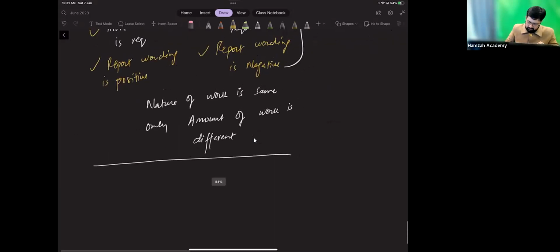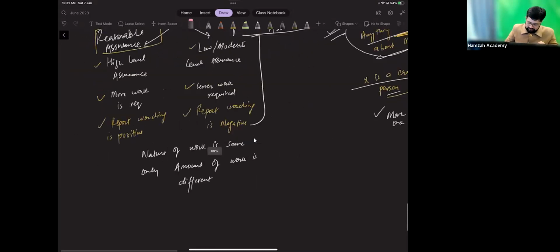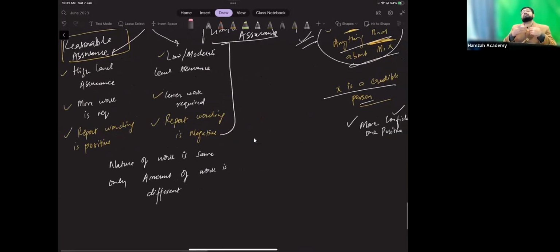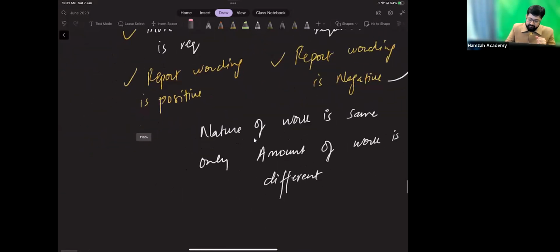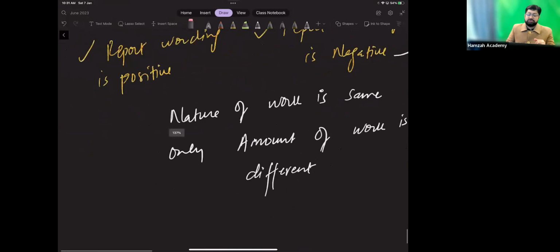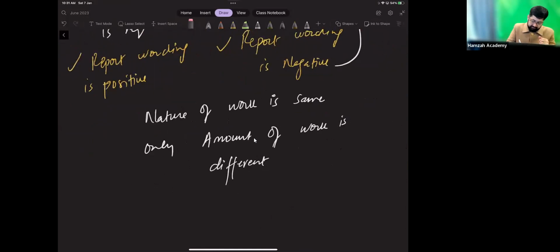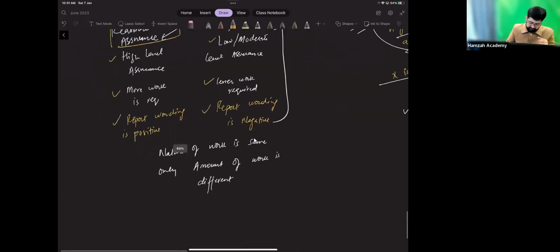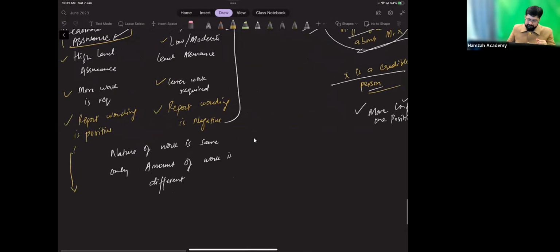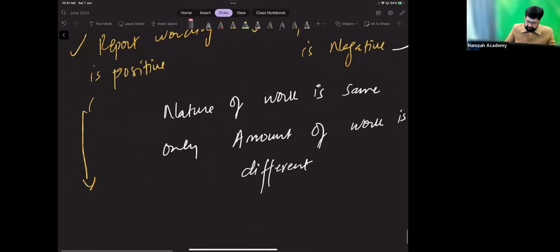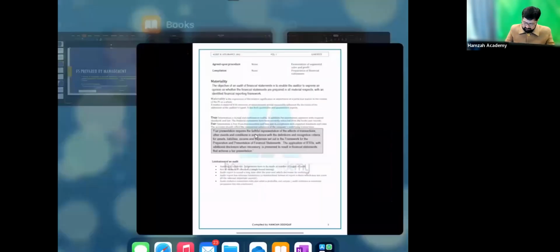Okay. Let me link one more thing. Now, let us come to the auditor. So then, when the auditor provides this reasonable assurance, what is the wording of the report? Let me take you to the notes instead of writing this much.